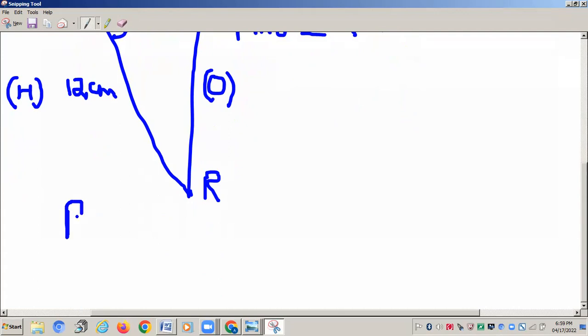With Pythagoras, they give you two sides, and you find the other.